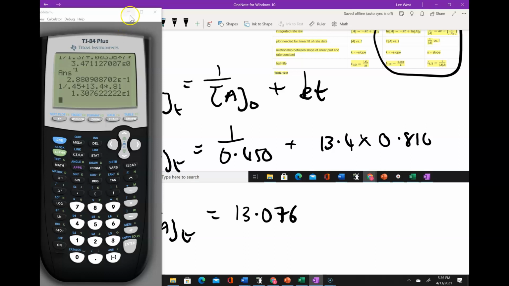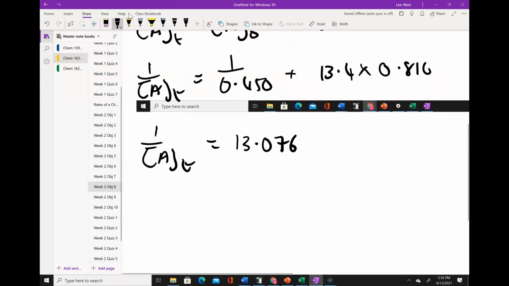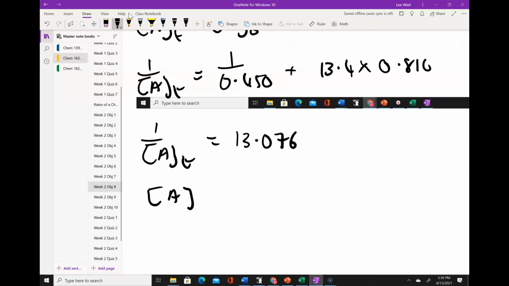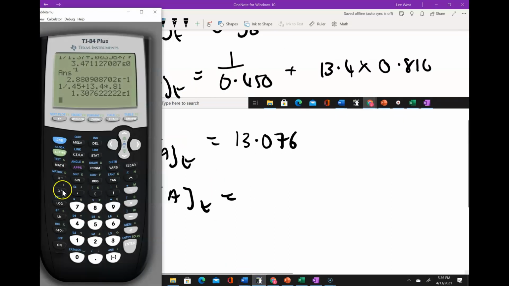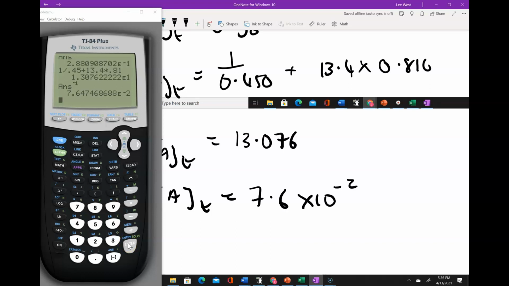Now, again, that is 1 on the concentration. We don't want 1 on the concentration. We want the concentration itself. So we have to take the inverse of that number. So we just hit the x to the minus 1 button. There it is. And it ends up being 7.6 times 10 to the minus 2 molar.